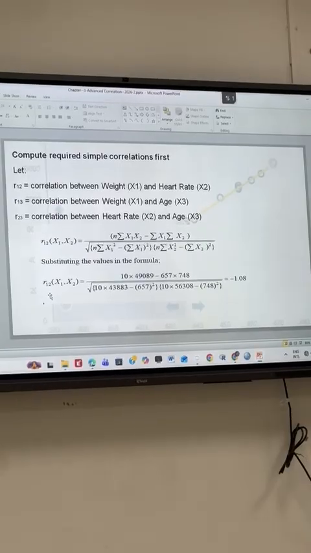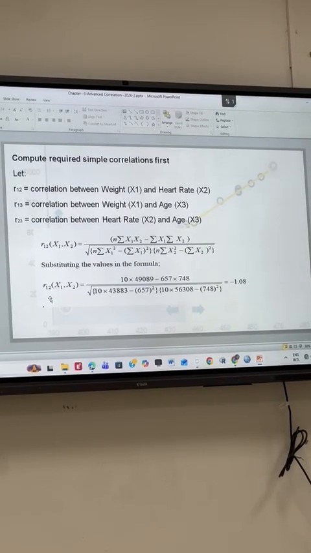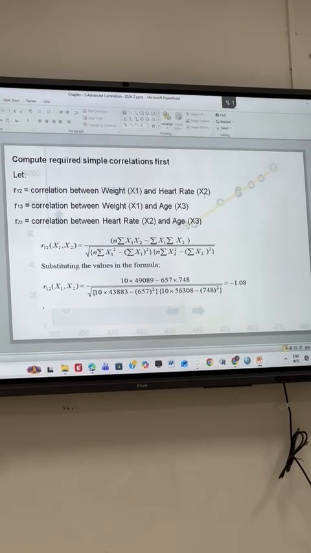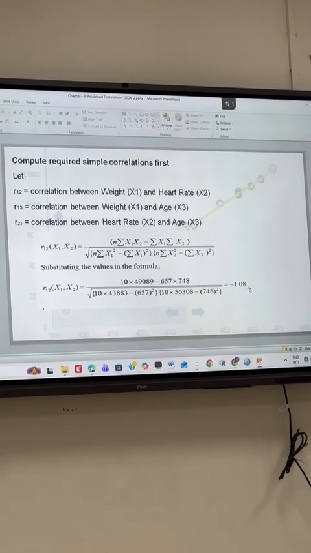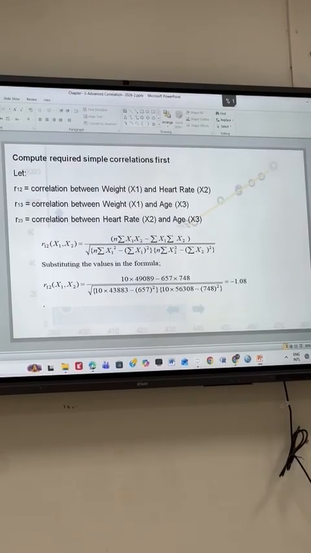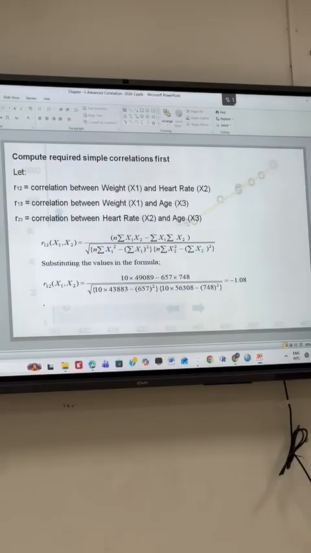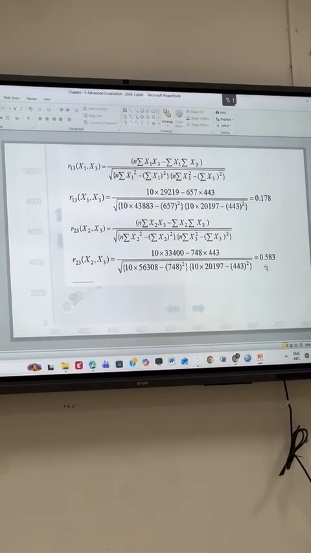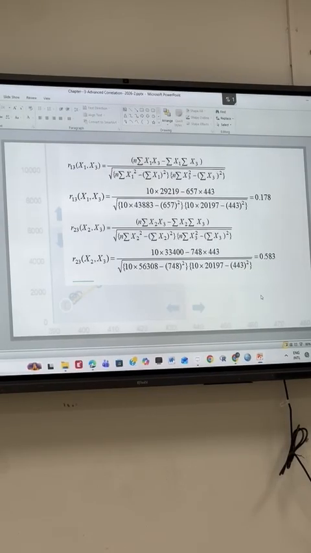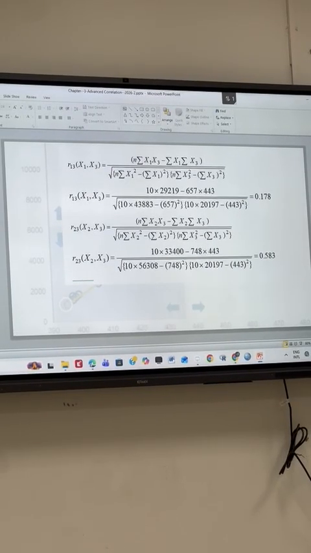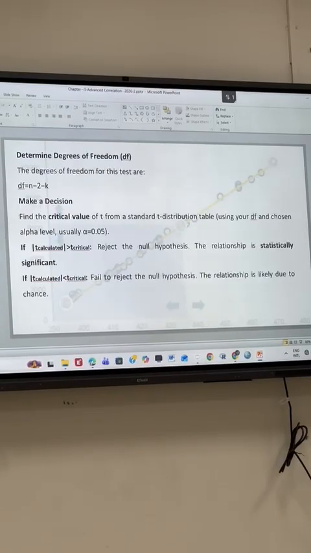In an examination question, the correlation coefficient between weight and heart rate is given as minus 1.08, between weight and age 0.178, and between heart rate and age 0.583.